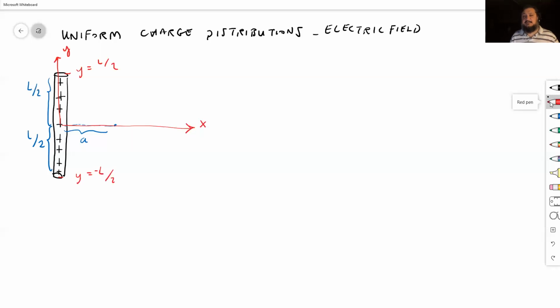Anyways, okay, so I have the formula that gives me the electric field for a point charge, but now I want to find electric field due to the charge distribution. So how do I do that? Well, I got to use the things that I already know, which is the field due to a point charge. So why don't I consider the smallest charge I can think of along that rod?